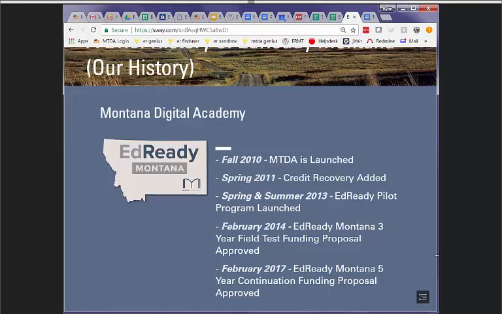And with credit recovery, providing an option that could be accessed by any school, by any student in the state for all the core classes, was an undertaking that we felt helped fill in a great need for Montana educators, and it has for the last 8 years plus.